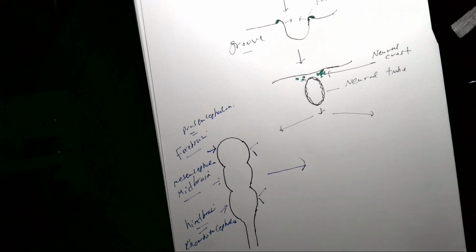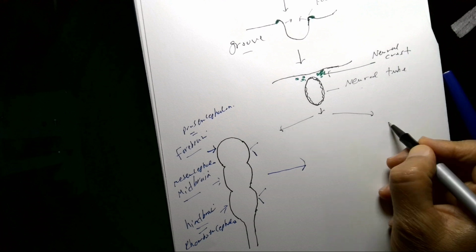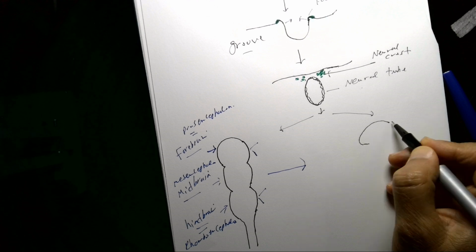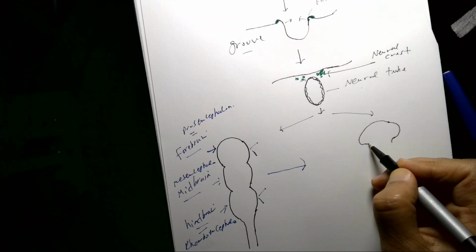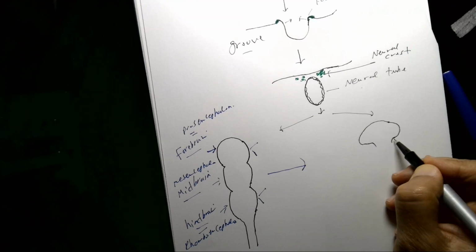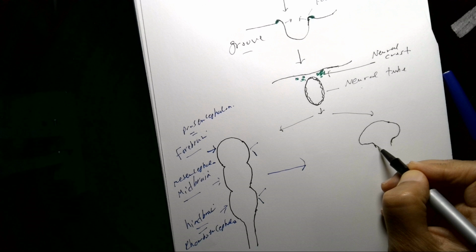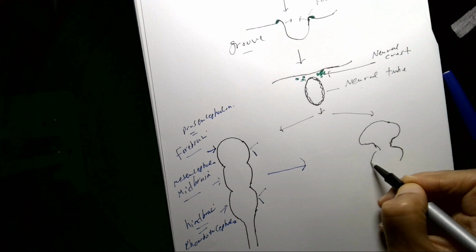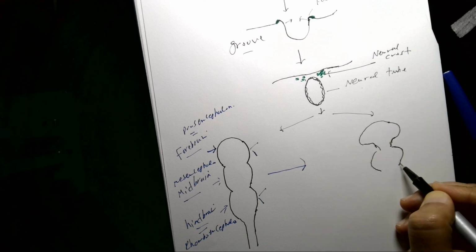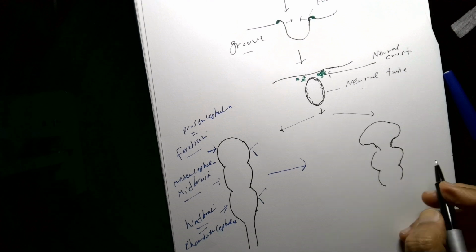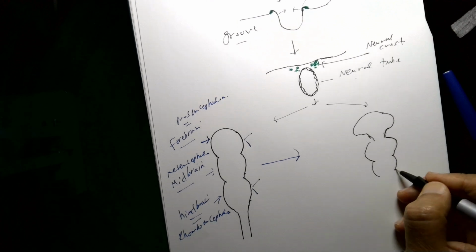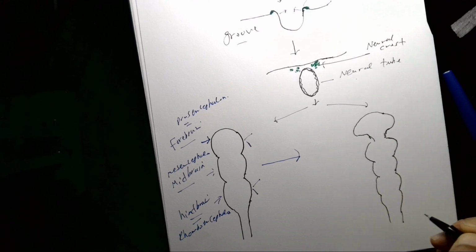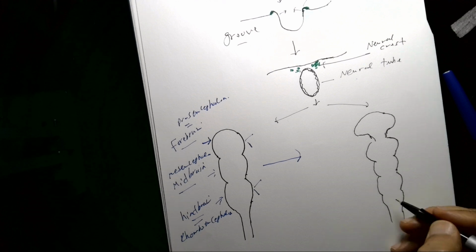So the forebrain forms 2, and then the midbrain stays as is, 1 vesicle. Then the hindbrain is going to split into 2. So we have 1, 2, 3, 4, 5.